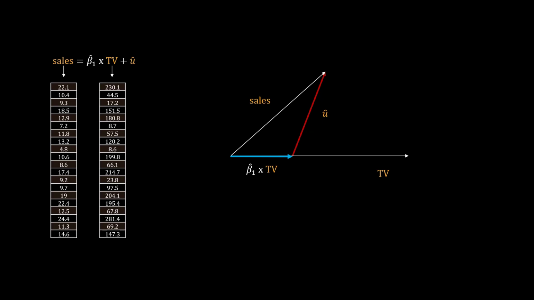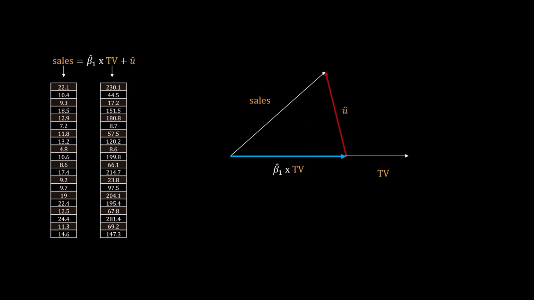When a different estimate for beta is obtained, the residual vector also changes. How to estimate beta 1? One objective could be to minimize the length of the residual vector. That's kind of intuitive.